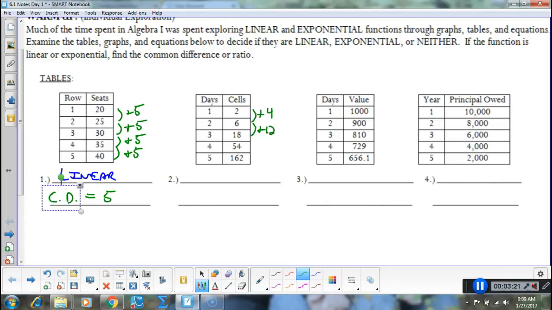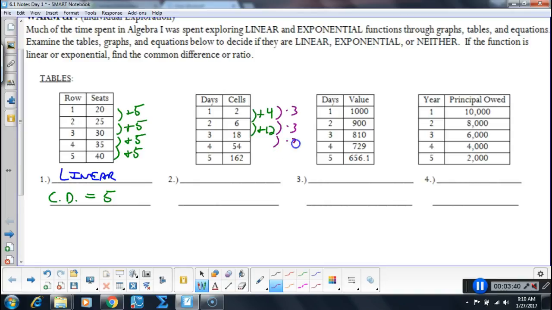Okay? So then I've got to look at something else. So maybe it's times 3, times 3, times 3, times 3.